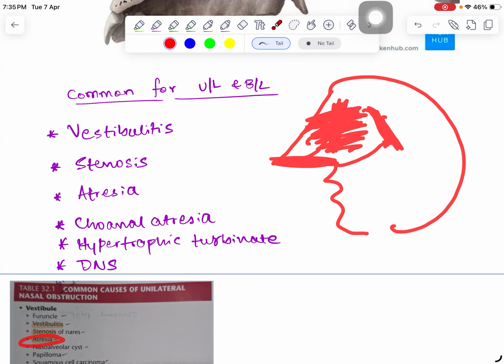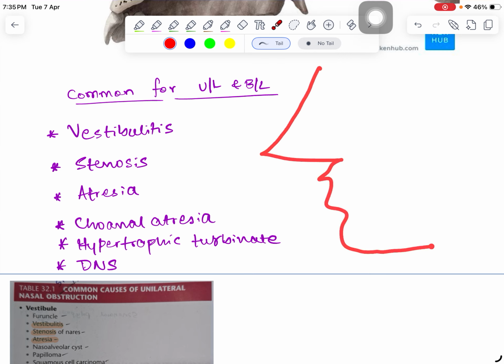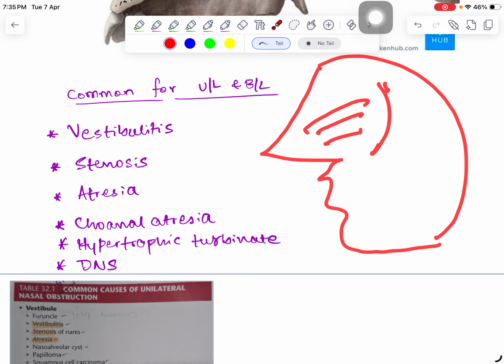And deviation of the nasal septum is also a cause for unilateral and bilateral. Let me revise it for you here and now. In unilateral and bilateral, there are some common causes like vestibulitis. Suppose this is the nose and these are the turbinates, and this is the posterior surface of the nasal cavity.